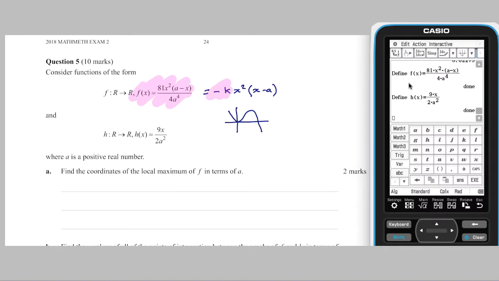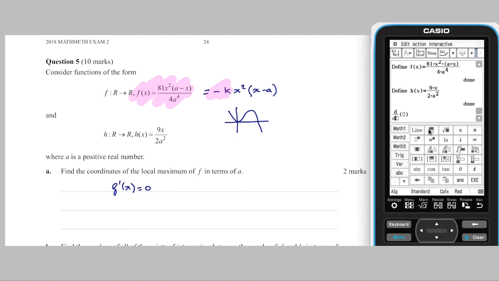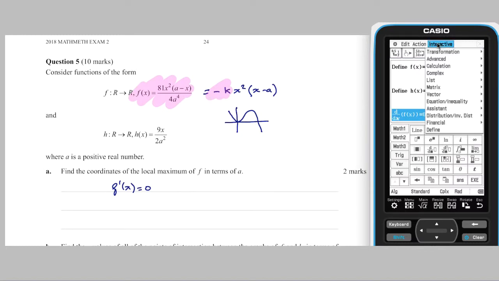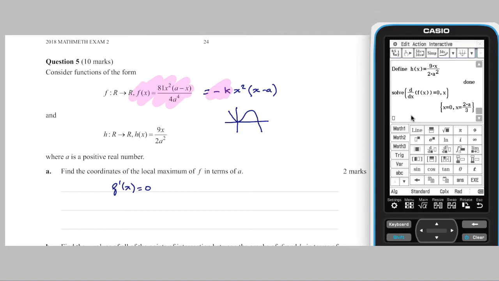The stationary points of f of x can be found by solving f dash x equals 0. So we have solutions x equals 0 and x equals 2a over 3.